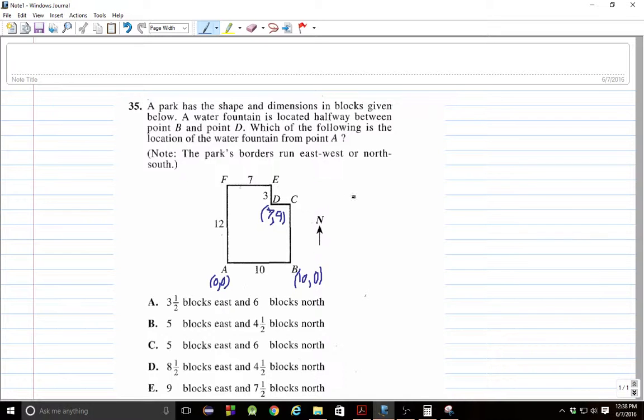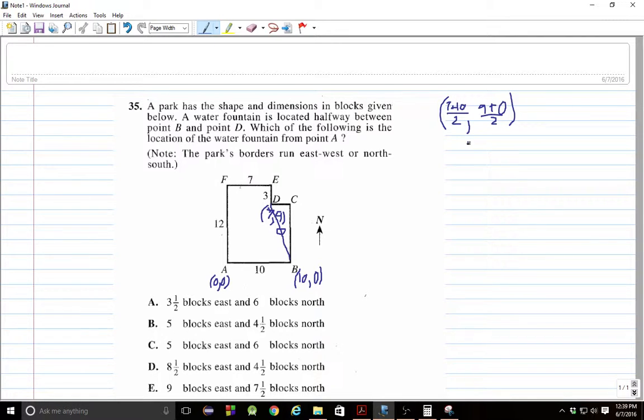So the y coordinate is 9. So what we have to do is find the midpoint. And how do we do that? We use the midpoint formula. 7 plus 10 over 2 is the x coordinate, and then 9 plus 0 over 2 is the y coordinate.